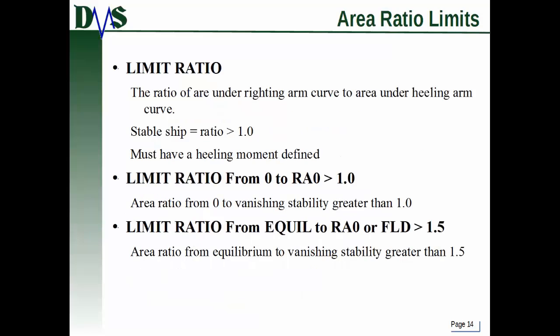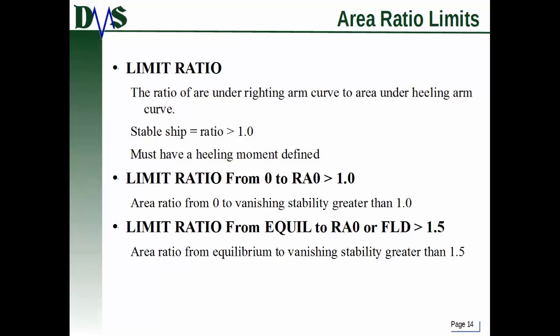Okay, next one, let's talk about area ratio limits. This is something you use when you start having wind heeling moments, passenger heeling moments. So we are talking about the ratio of area under the righting arm curve to area under the heeling arm curve. The general argument is that the ship has sufficient dynamic stability if that ratio is greater than 1.